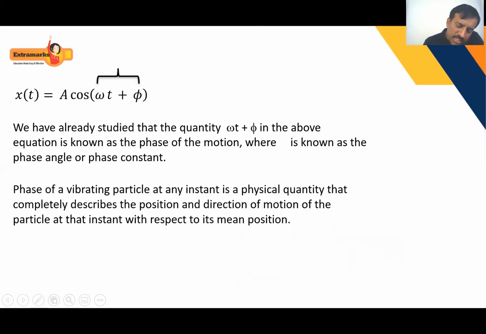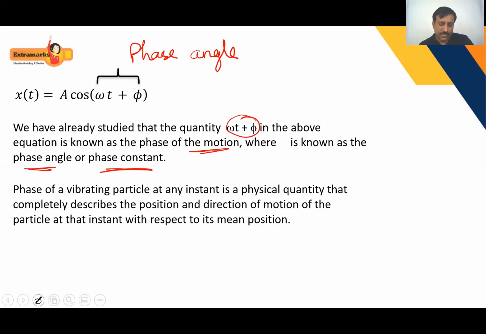Now, we already studied the quantity omega t plus phi. Obviously, this is known as the phase of motion, the phase angle, or phase constant.